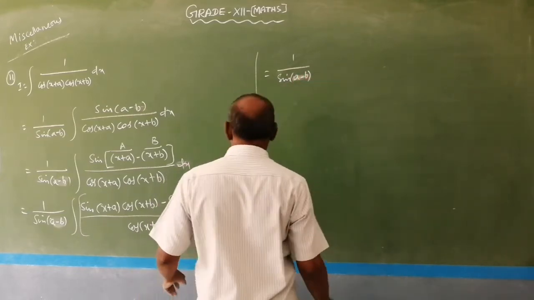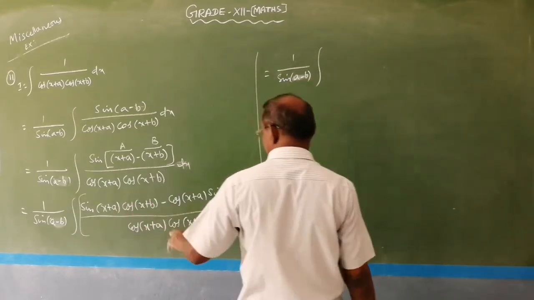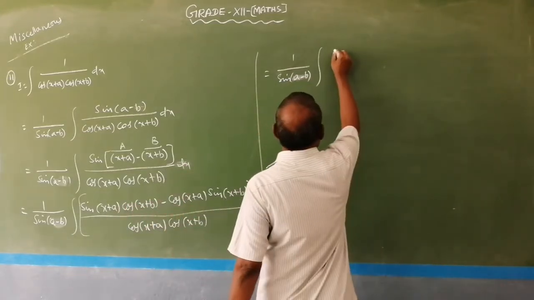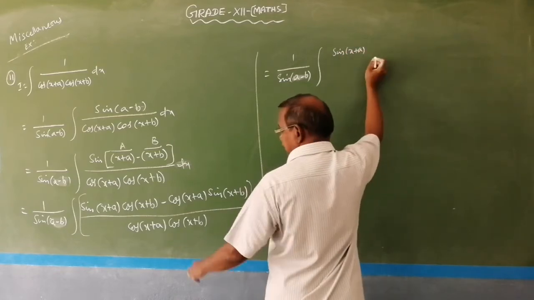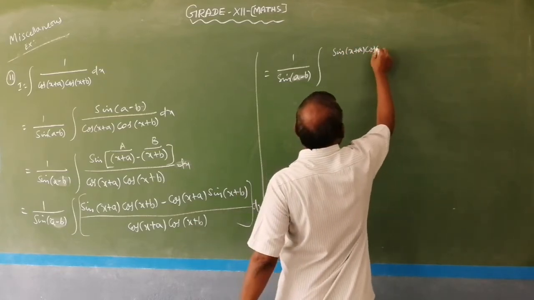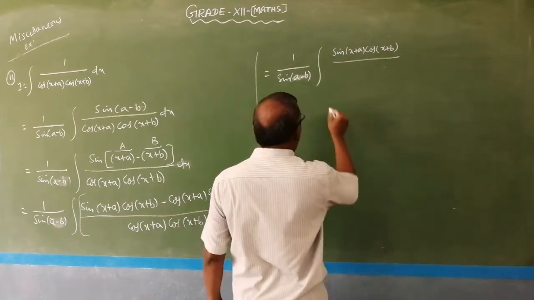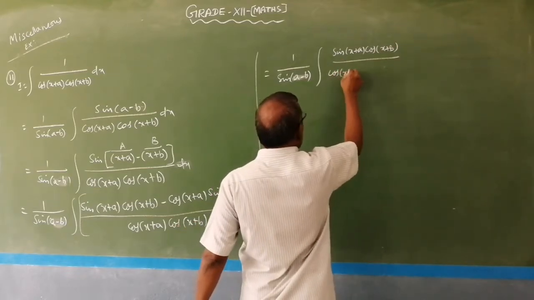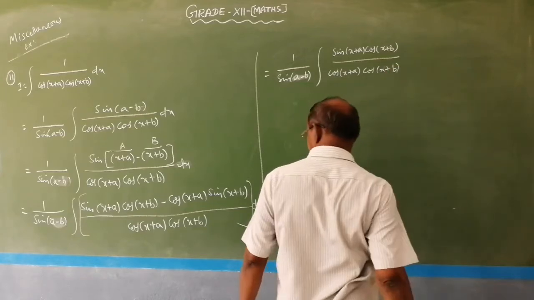Now integral. So we can separately write this as two fractions, that is first one is sin of x plus a into cos of x plus b divided by cos of x plus a into cos of x plus b.